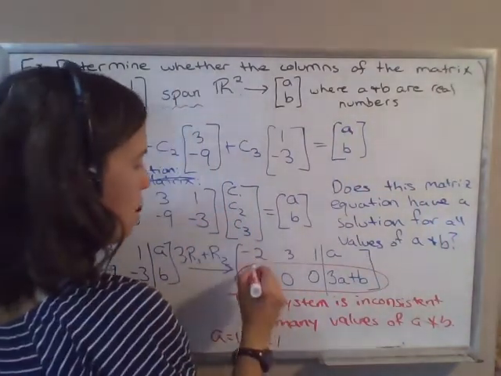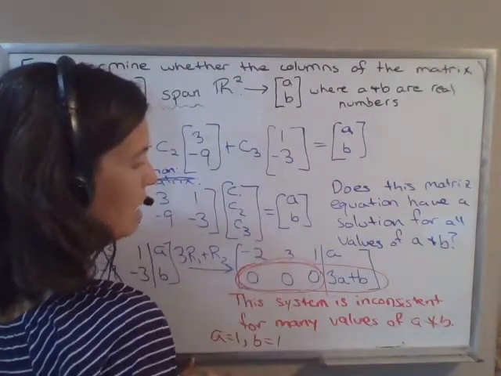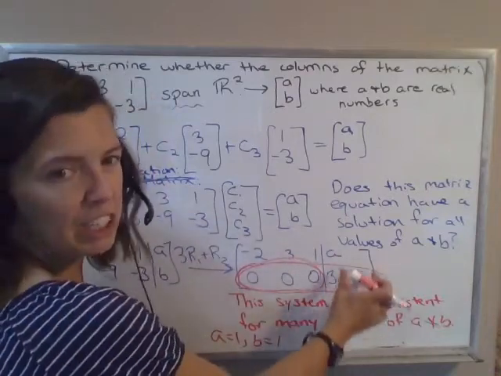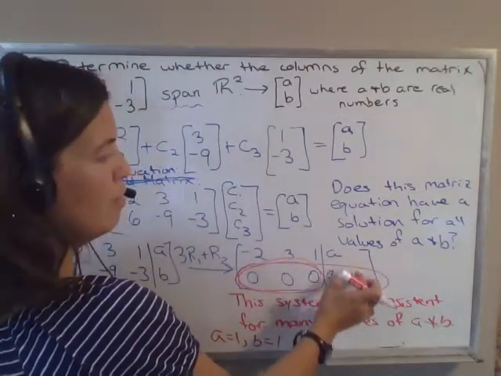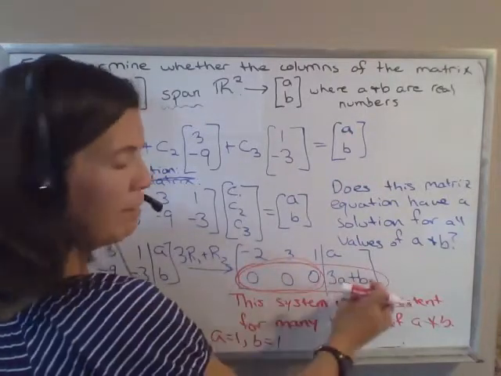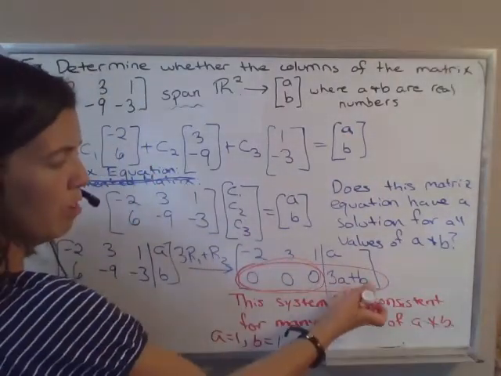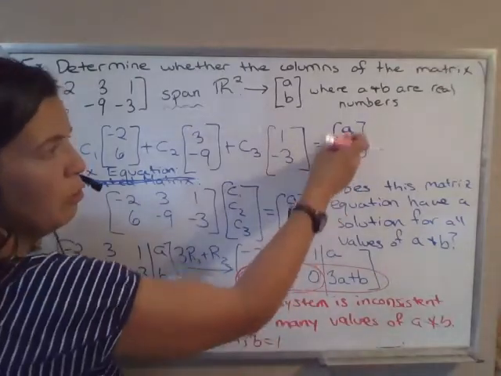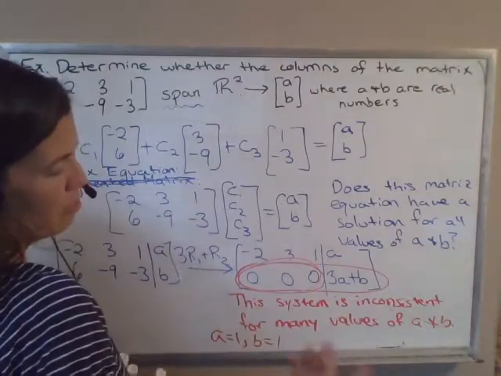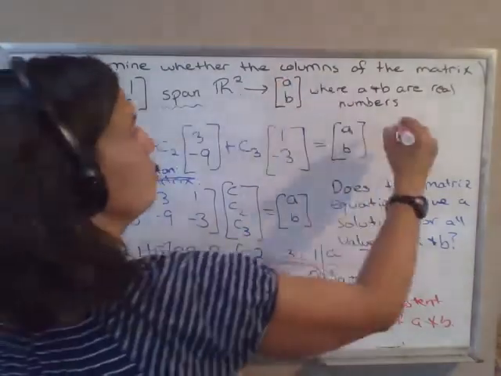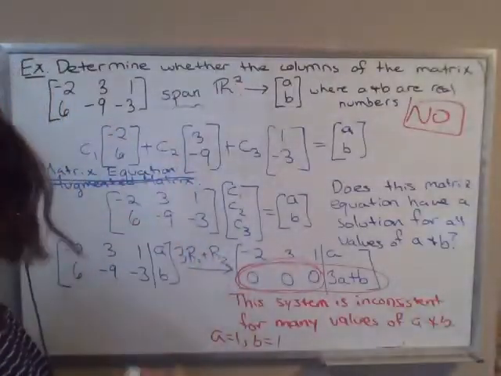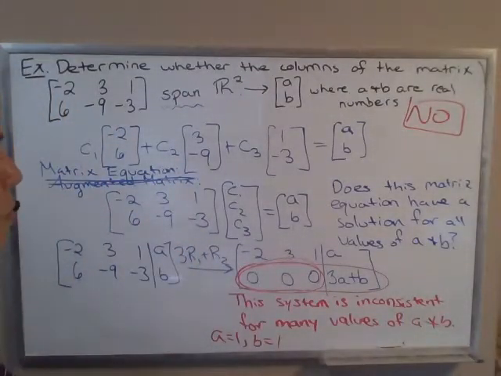Because when there's not a pivot in one of your rows, like we had here, then you're going to have some combination of the entries of your vector over here, and you're going to have a false statement for many values of whatever your unknown entries of the vector are. So because this system is inconsistent for many values of a and b, the answer here is no. The columns of this matrix do not span R2.